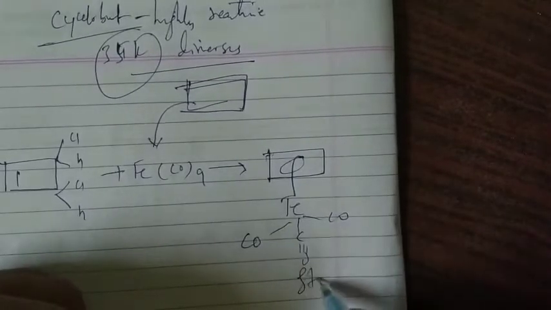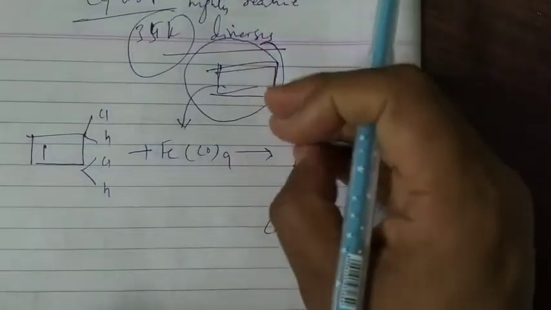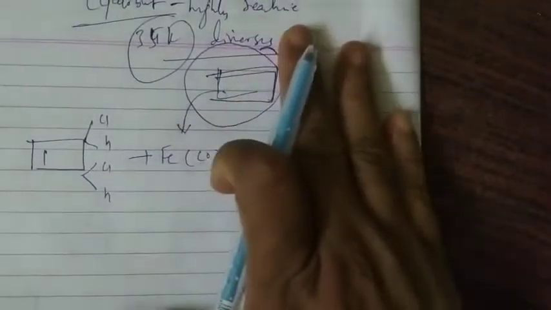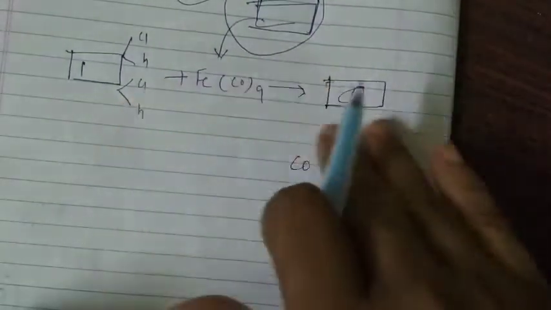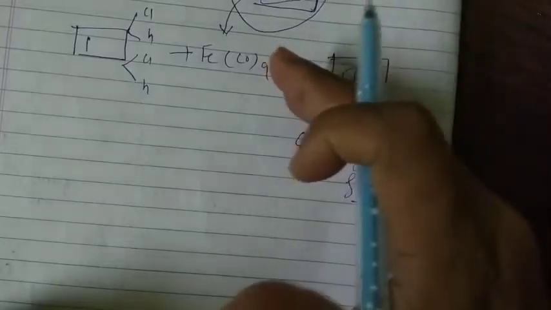Now this is highly stable, see, like this. So this cyclobutadiene, which was a very unstable and very reactive molecule, can be made very stable when it forms the complex.